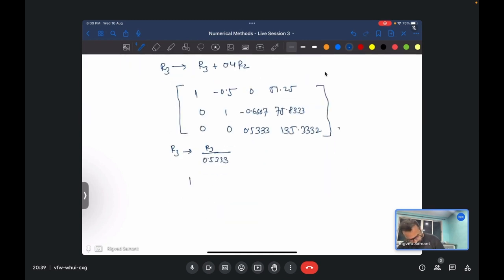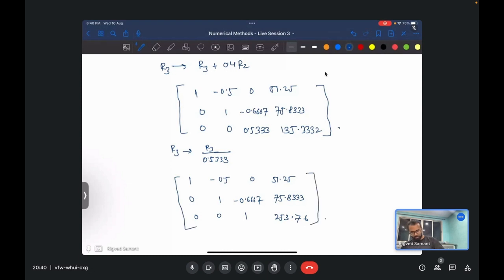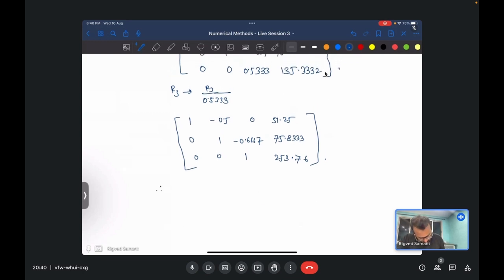So the rows are 1, minus 0.5, 0, 51.25; 0, 1, minus 0.667, 75.833; 0, 0, 1, and this would be 253.76. So therefore, back substitution.